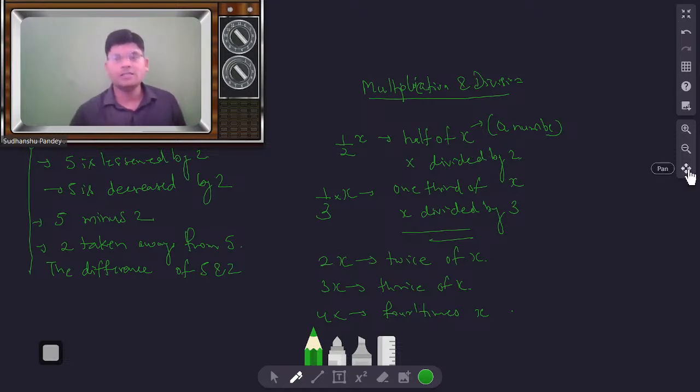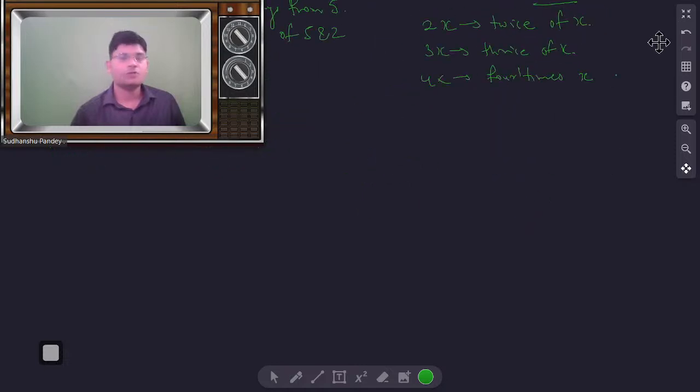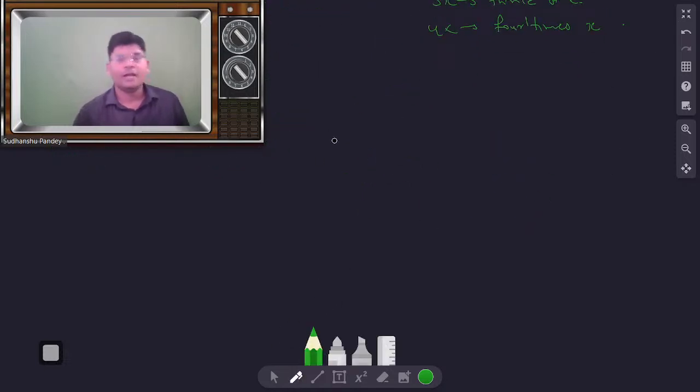Suppose this is how you will see these questions in question form. Twice of a number gives 14, find the number. Are they saying that twice of x is 14?